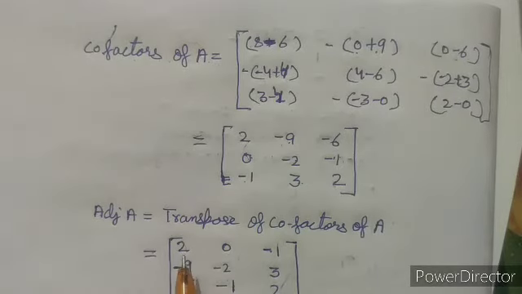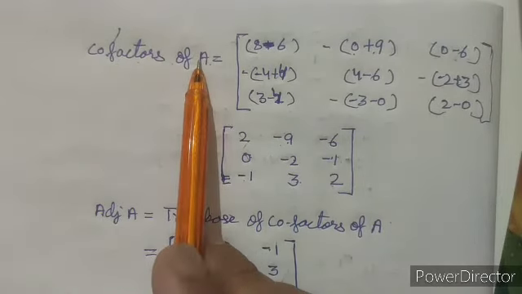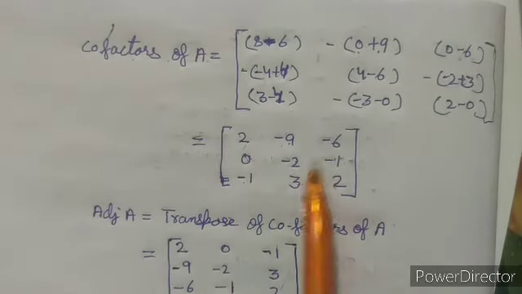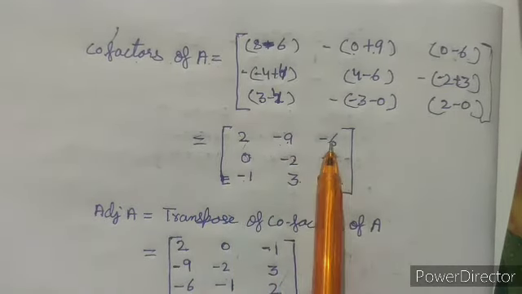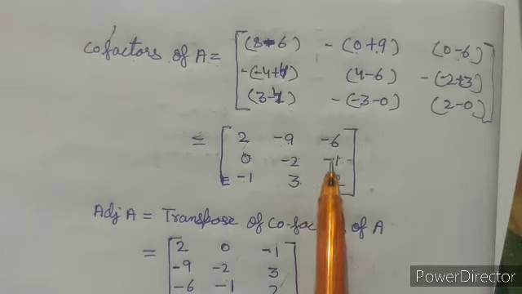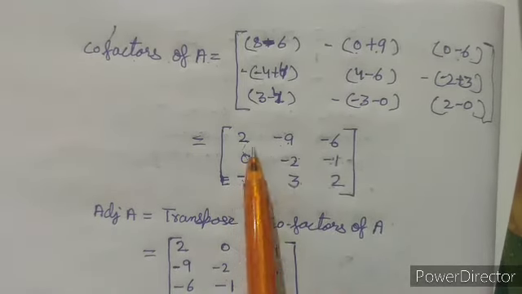After finding the determinant of A, our next step is to find the cofactors of A. I have already obtained the cofactors of A, and these are 2 minus 9 minus 6, 0 minus 2 minus 1, minus 1 3 2, row wise.